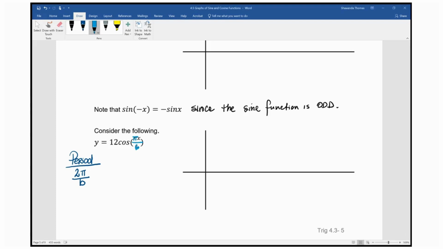All right, so we have 2 pi over pi over 6, and we definitely need to simplify that. That's the same thing as 2 pi divided by pi over 6, which is 2 pi times 6 over pi.